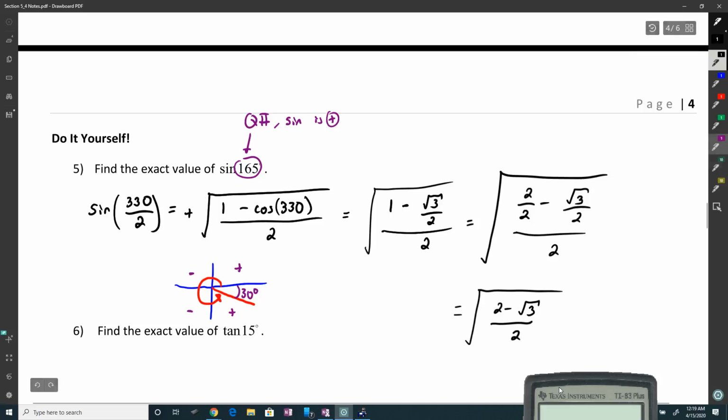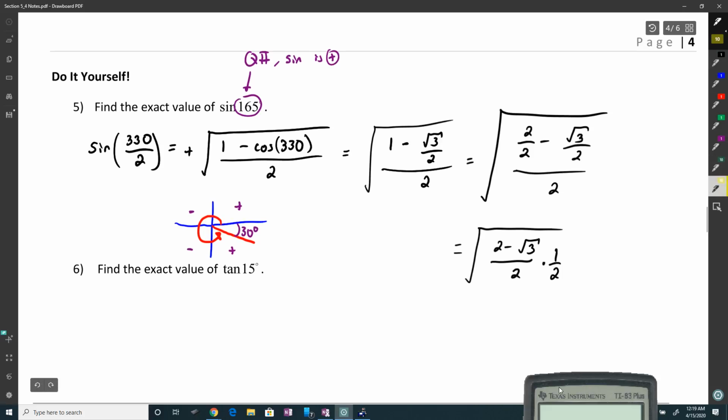Now, dividing by 2 is the same as multiplying by 1/2. There's a lot of ways to deal with division, depending on how you look at it. So I said dividing by 2 is the same thing as multiplying by 1/2. They're identical.